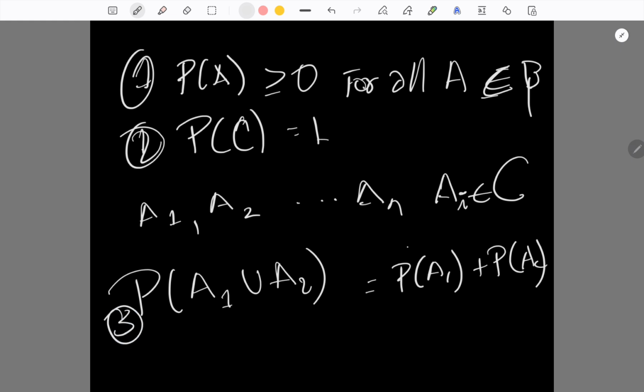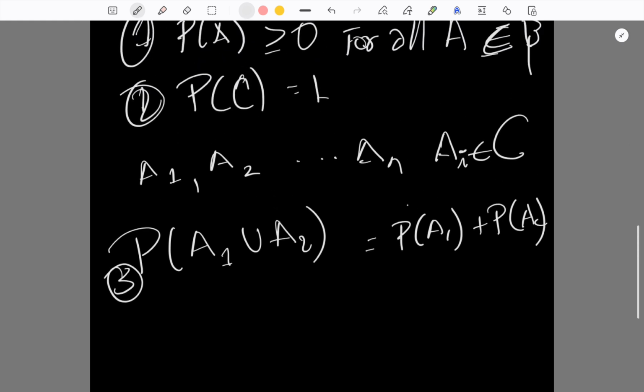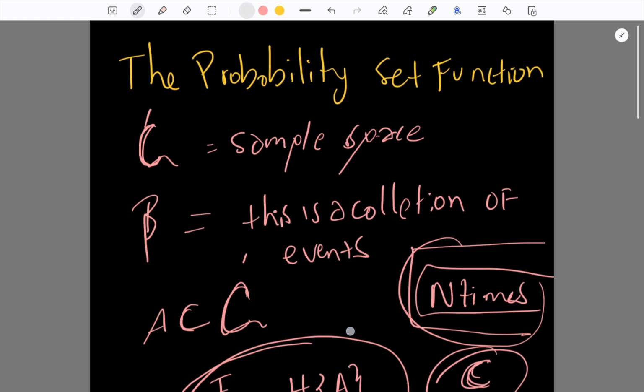This is the third property, the Kolmogorov axioms, in order to define the probability set function.